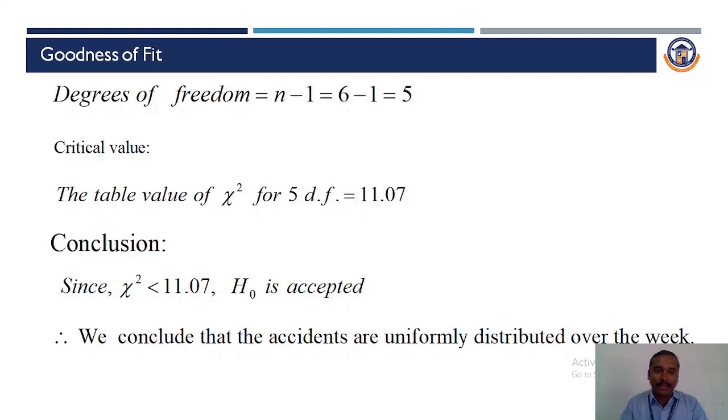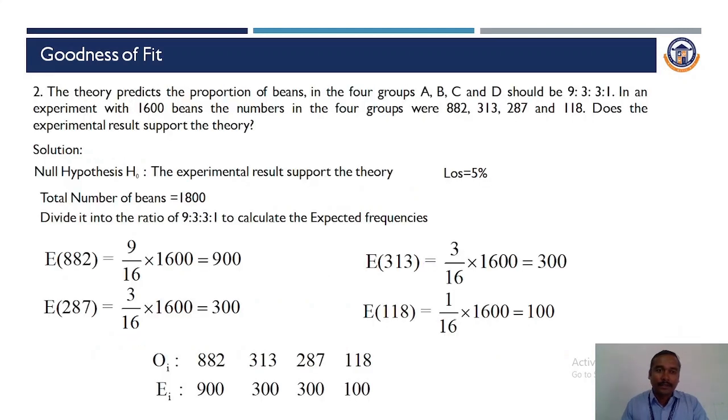Okay. The next problem. Go through the statement. The theory predicts the proportion of beans in 4 groups A, B, C and D should be 9:3:3:1. In an experiment with 1600 beans, the numbers in the 4 groups are 882, 313, 287 and 118.